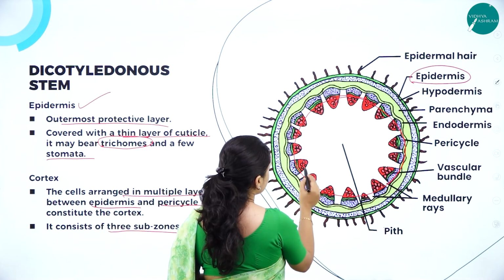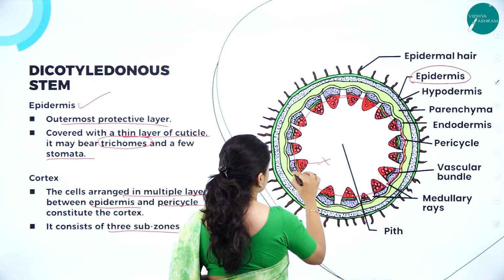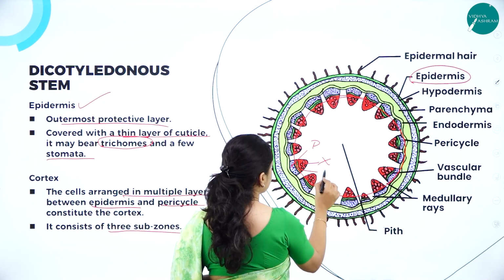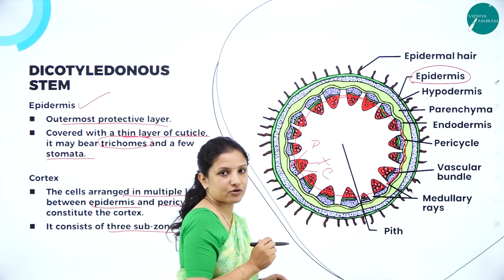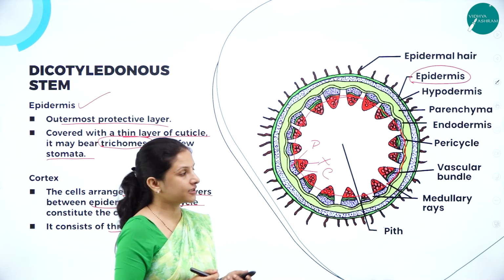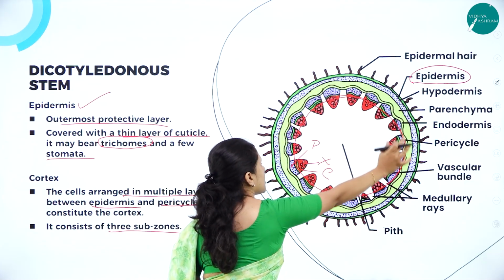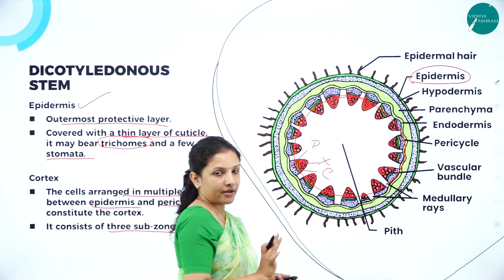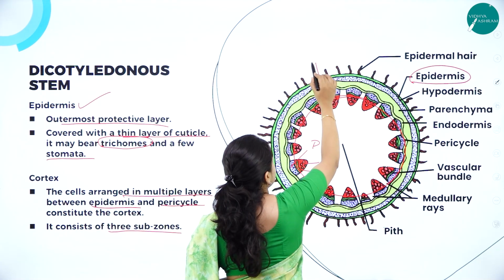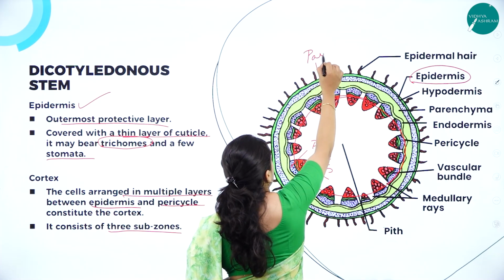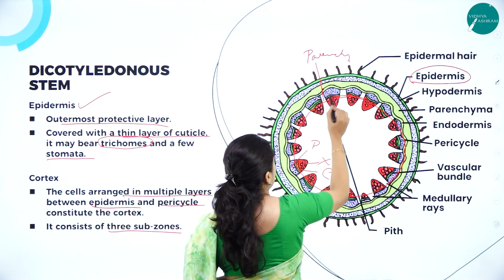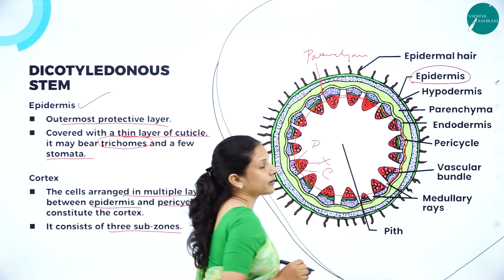And they have the xylem here, the phloem here, and in between the cambium will be present. Therefore, it was a conjoint open type vascular bundle and they're neatly arranged in a ring-like manner and they have medullary rays in between because it is made up of parenchyma cells. In between each vascular bundle, they have the parenchyma cells.